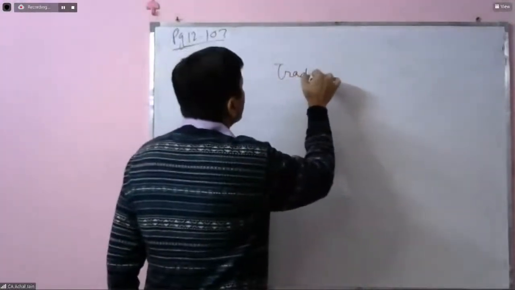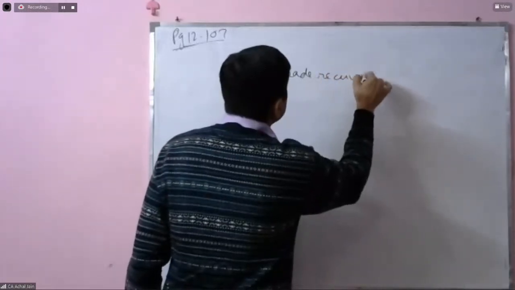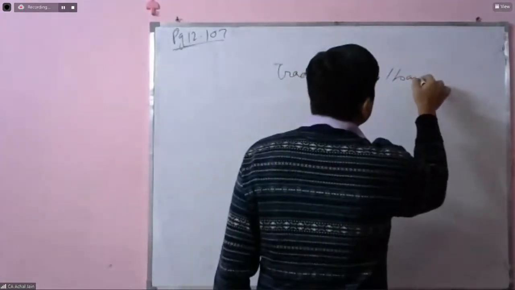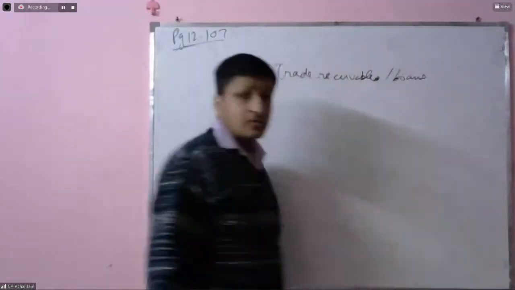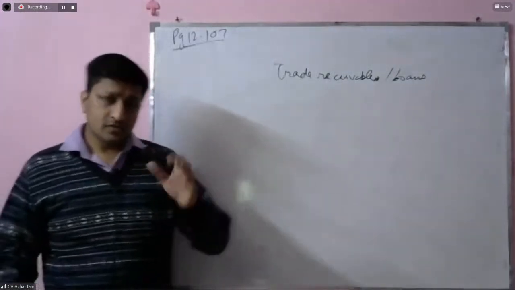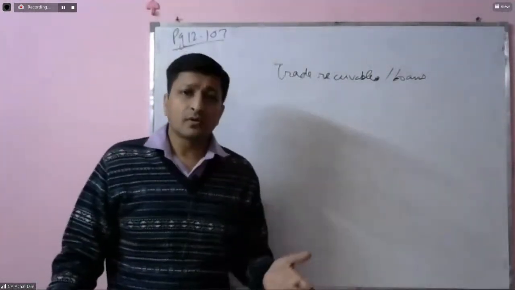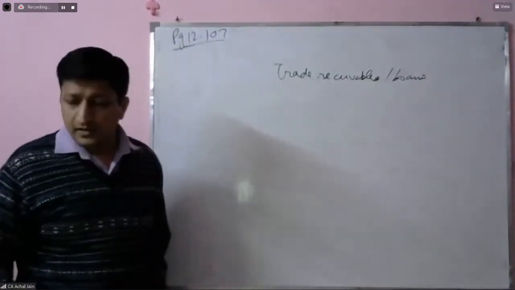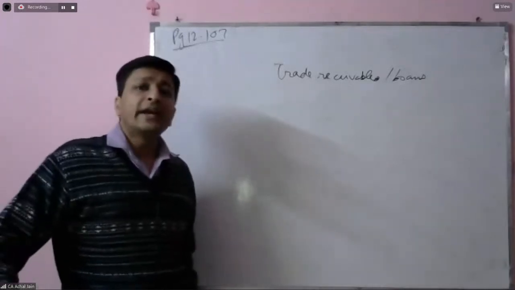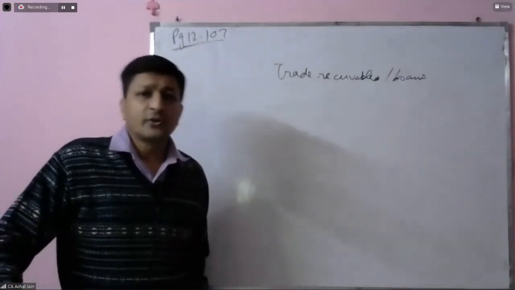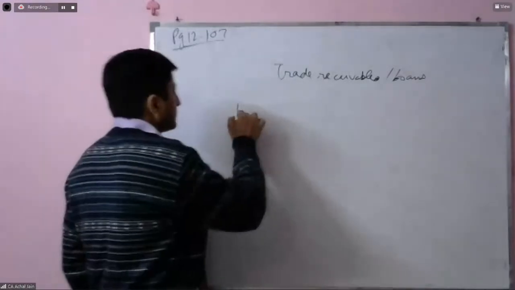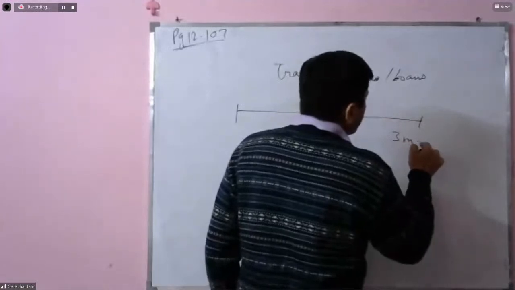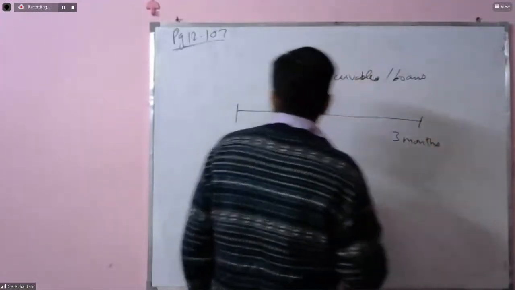Let's suppose we talk about trade receivables, or an entity which has given a loan. Some entities maintain a portfolio of loans, something which we discussed in case of business model also. Now, it is not necessary that these entities will wait till the end of the maturity period. Let's suppose trade receivables will be collected after 3 months.